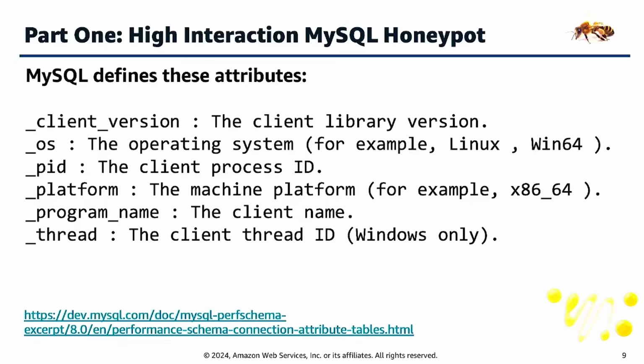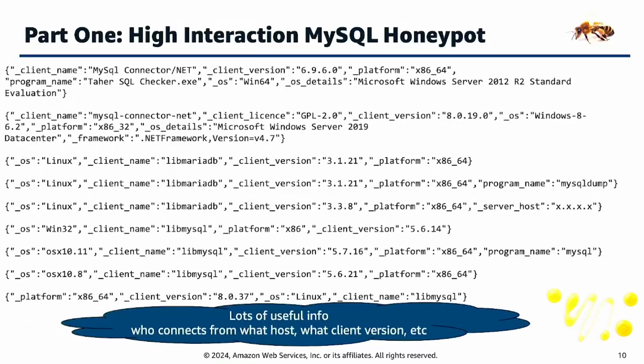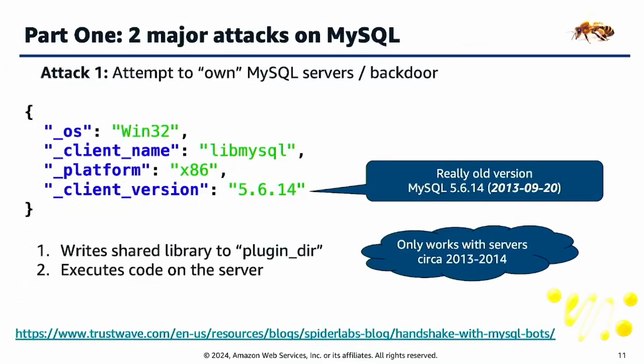Unless people are really trying to deceive you, you will see what kind of client programs they're using. This is an example of the bots that are connecting to us. We can see that some of them are using Windows, some of them are using Linux. There is lots of interesting information here.